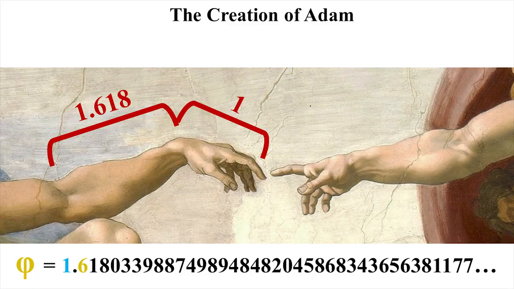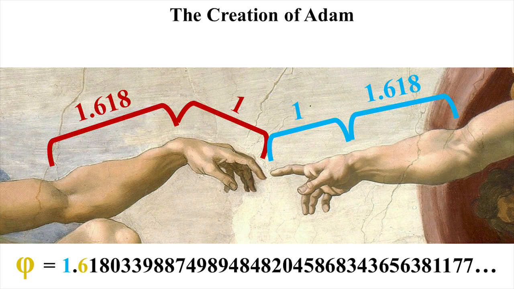You can also see it in your arm: from your wrist to your finger is 1, from your wrist to your elbow 1.618. Same with God's arm. Look at the actual finger. Your finger has 2 joints and 3 phalanges, I guess.